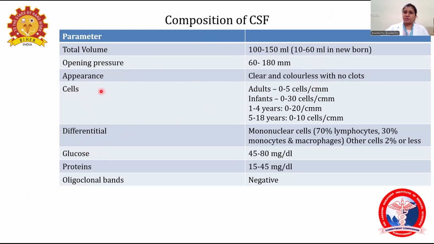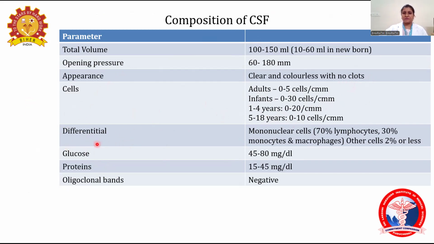It has some cell composition, as blood has WBC and RBC, the CSF also has some cells. In adults, it is generally around 0 to 5 cells per cubic mm, and in infants, it's around 0 to 30 cells per cubic mm. And as the age progresses, the cell count slowly decreases.